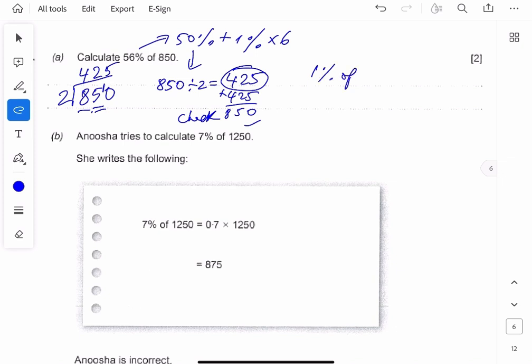Okay, so now we're going to work out 1% of 850, which means divide 850 by 100, and that's just moving the point 2 places to the left. The point is at the end, we assume, so 8.5, and times it by 6 because we need 6%.